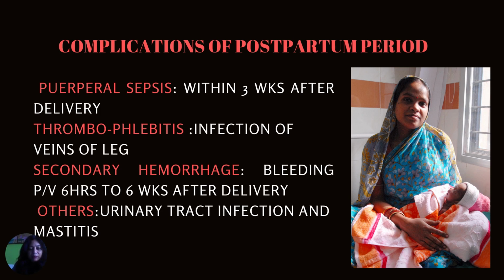So what is the bleeding PV in the first 6 hours called? It is the primary hemorrhage. And from 6 hours to 6 weeks after delivery, it is the secondary hemorrhage. There can be other infections as well, like the urinary tract infection. There can be mastitis, which is to be addressed immediately.